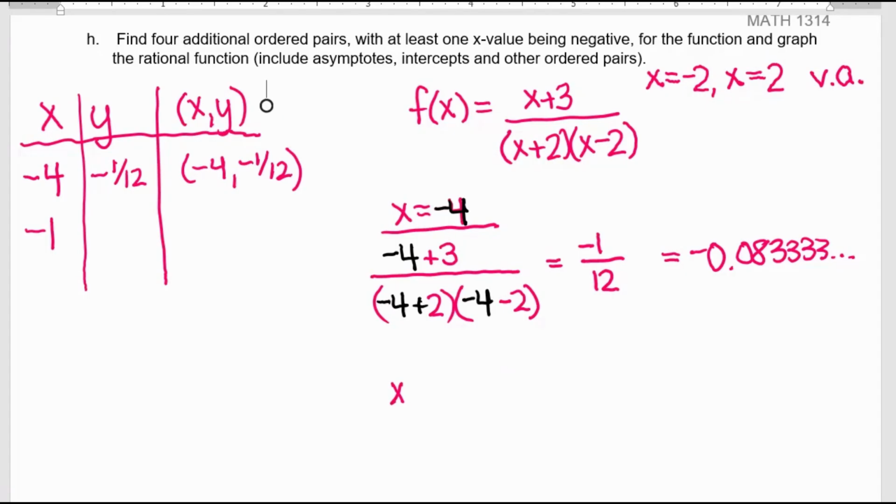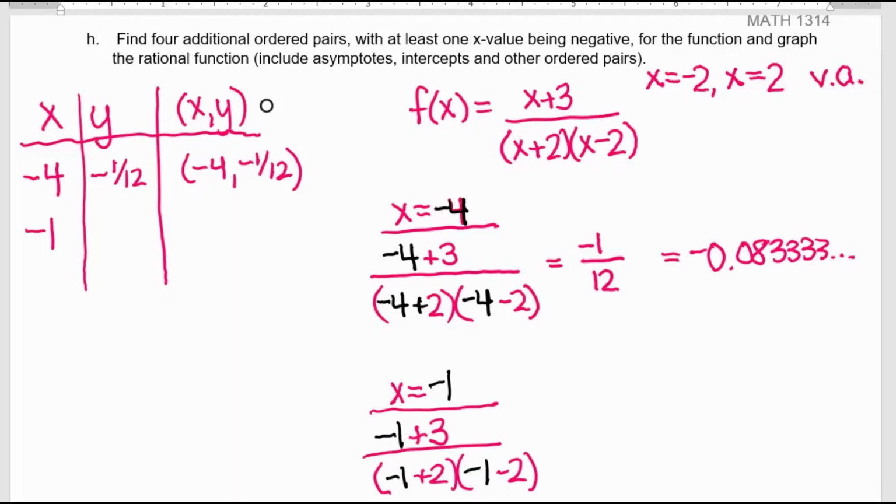So if we are doing x equal to -1, plugging in -1, anytime we see an x, (-1 plus 3) all over (-1 plus 2) times (-1 minus 2). And again, you can use your calculator if you want, but you should wind up with -2/3.